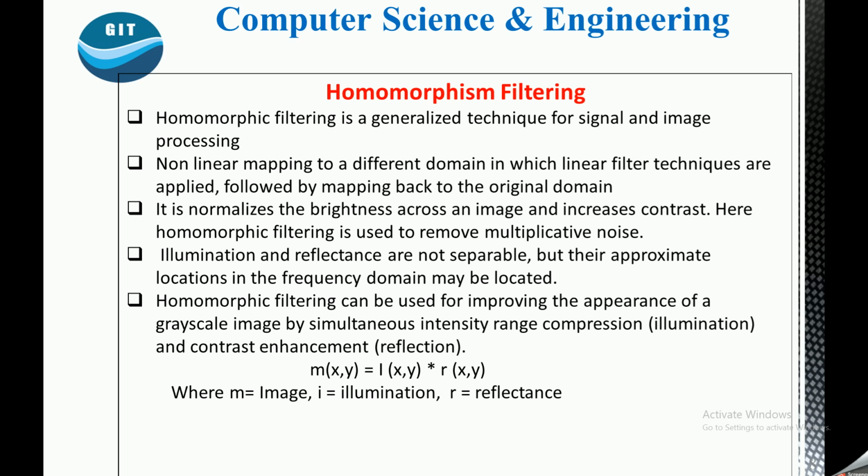Homomorphic filtering can be used for improving the appearance of a grayscale image by simultaneous intensity range compression. m(x,y) is equal to i(x,y) multiply r(x,y), where m is the image, i is illumination, and r is reflectance.